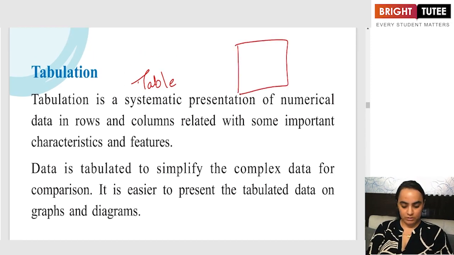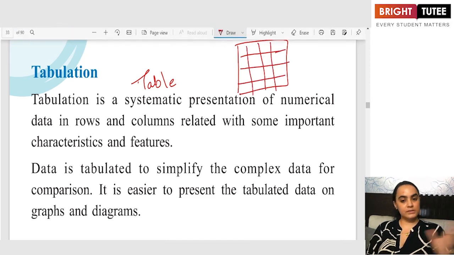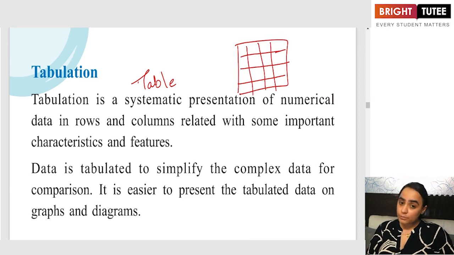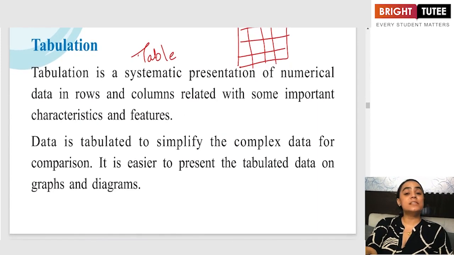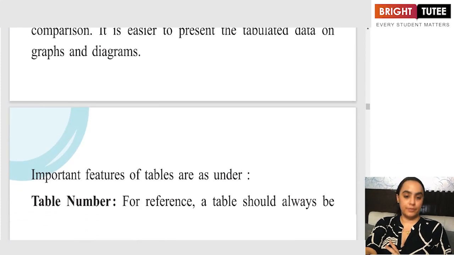A table is something like this. The number of rows and columns that you need depends on the information you have to present. So that is what tabulation is. Tabulation helps you to simplify the complex data, and this way it is very easy to compare.